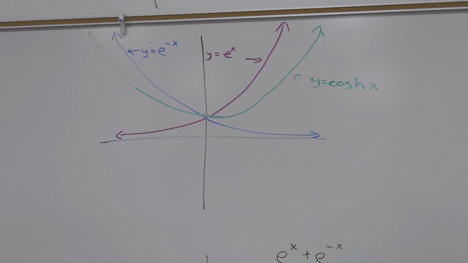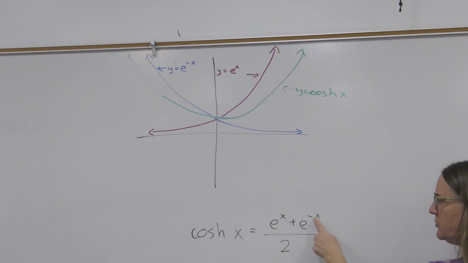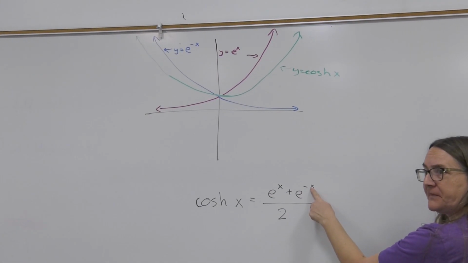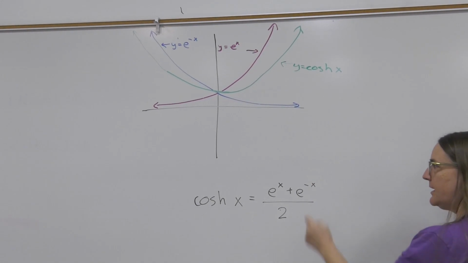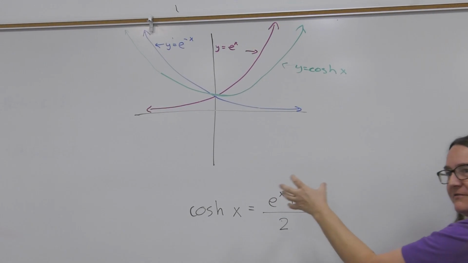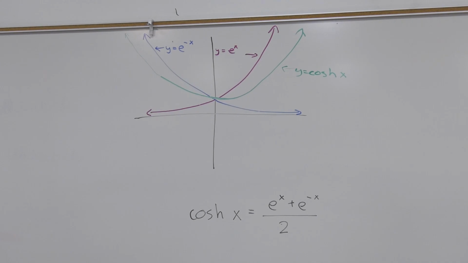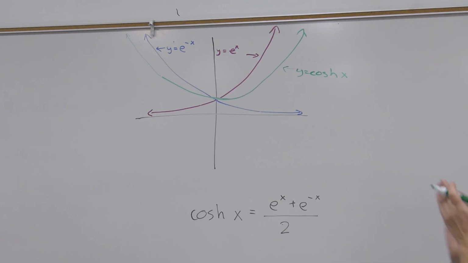And I can sort of see why. If I were to plug in 2, here I'd be putting a 2, and here I'd be putting a negative 2. If I were to plug in negative 2, here I'd have a negative 2, and here I'd have a 2, but it's the same two powers of e that I'd be adding and then taking the average of. So this is an even function. It's symmetric about the y-axis.